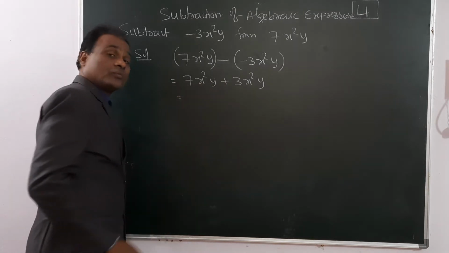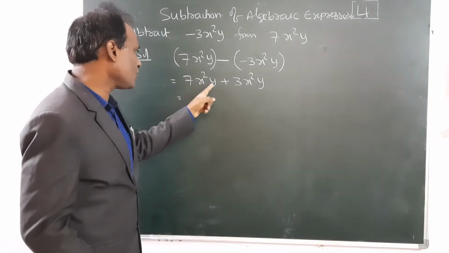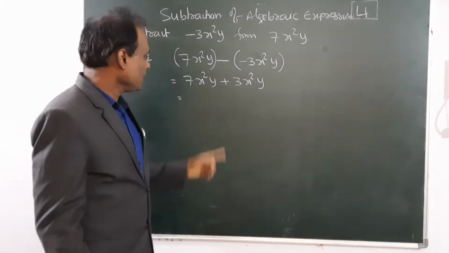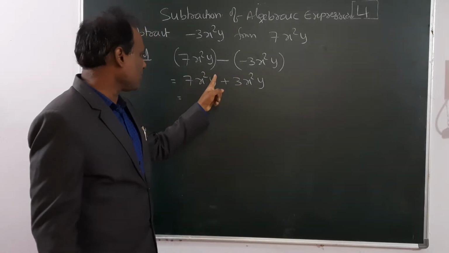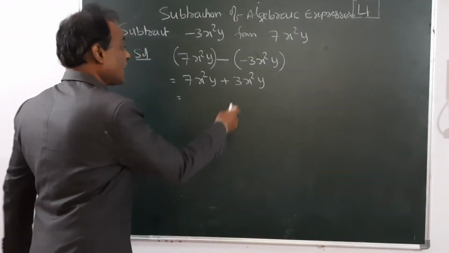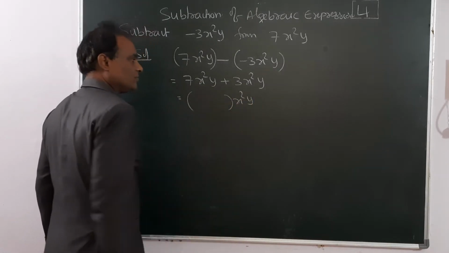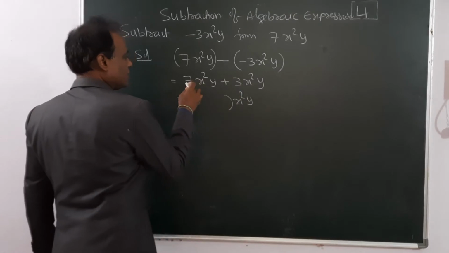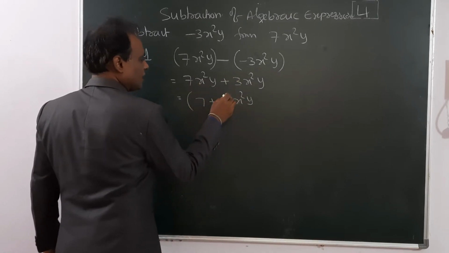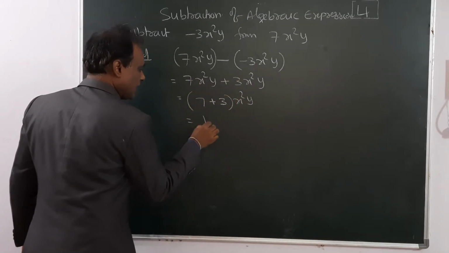Check whether these are like terms or not. x square y, x square y: same. x power 2, x power 2, y power 1, y power 1. So these are like terms. Take x square y common: 7 remains, 3 remains, total 10.